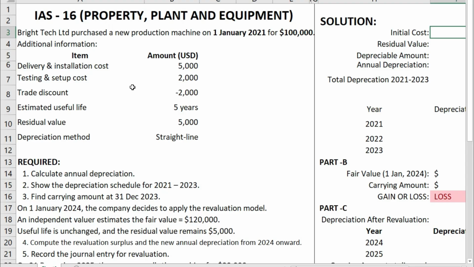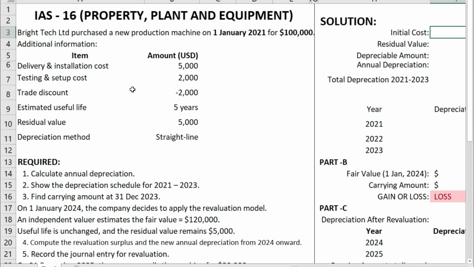Let's suppose the machine was in Lahore and the machine was taken to another province, and for the delivery of that machine, with trucks etc., there was so much cost, and that was $5,000. And the testing and setup cost, when we tested that particular machine, we also spent $2,000 there.